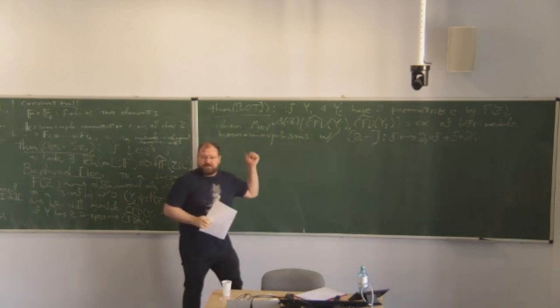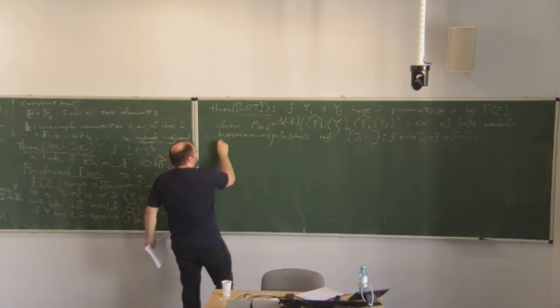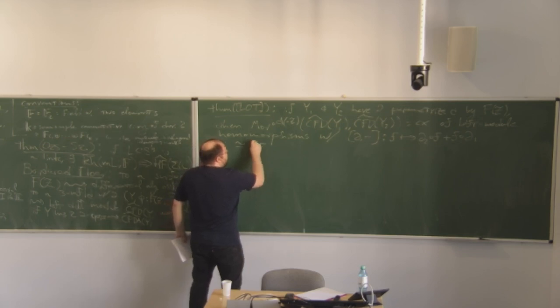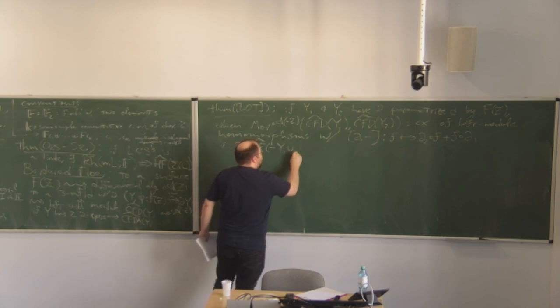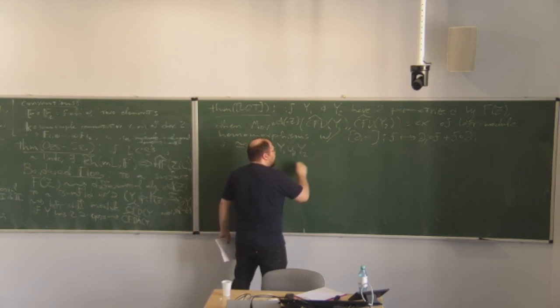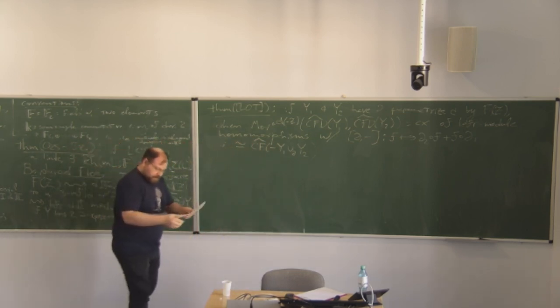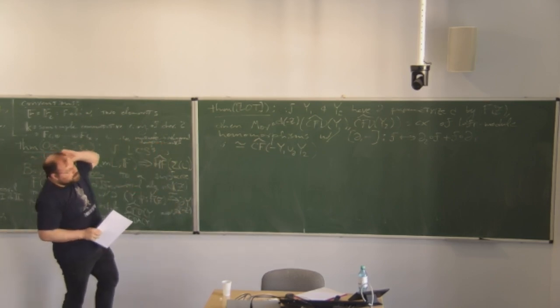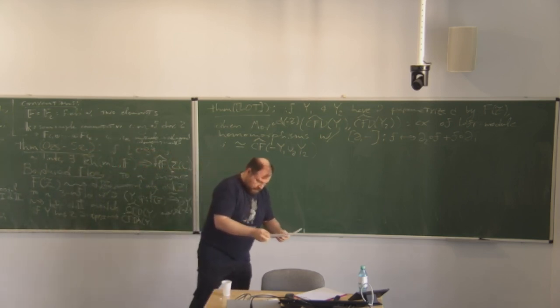Note I'm working over F2, so there are no signs present. This is homotopy equivalent to the ordinary Heegaard Floer complex of minus Y1 glued to Y2 along the common boundary via the parameterizations. Okay, there is also a tensor product version of this pairing theorem, which I'm not going to talk about at all.